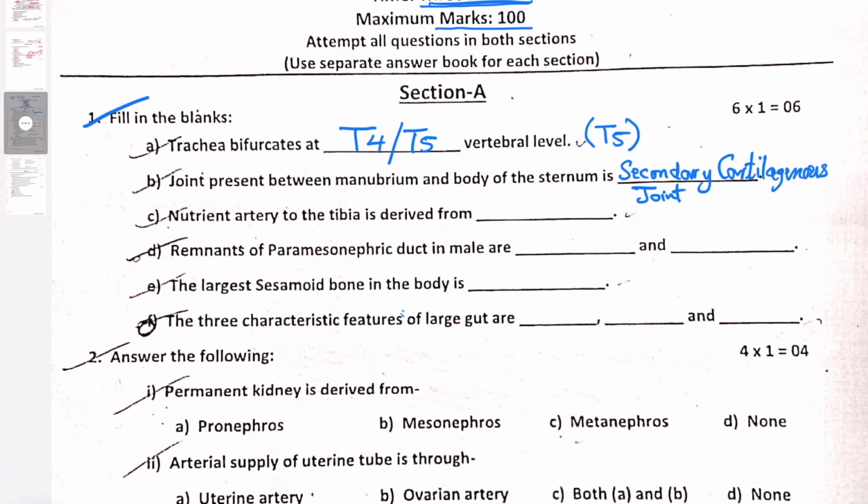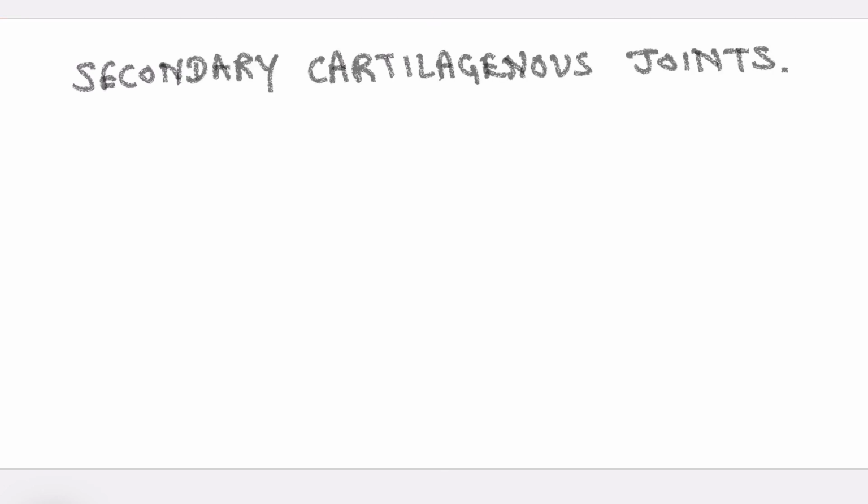Let me brief you about this. First of all, look at the structure. It's a joint between two bones. So let's say these are the two meeting edges of the bones, and here these bones are lined by hyaline cartilage.